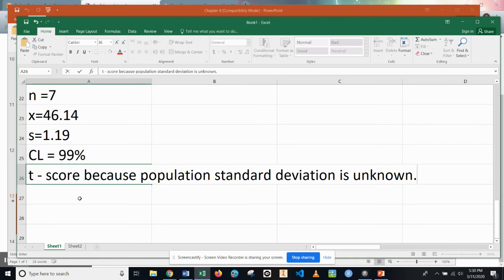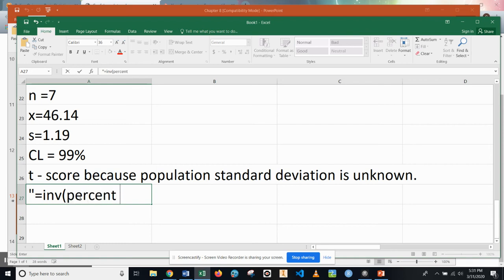So we're going to use T inverse. T inverse works this way. In a T inverse, you're going to put the percent that's outside of the interval. So the interval is 99%. That means 99% would be in the middle of that interval. That means 1% is outside.